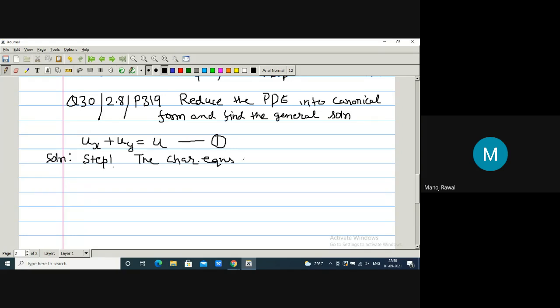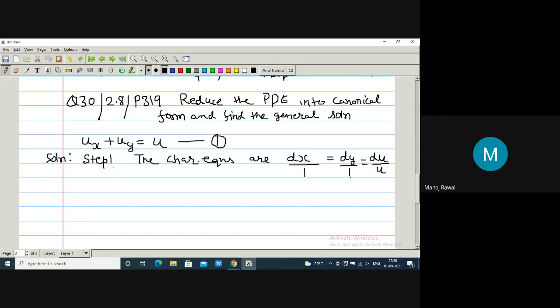The characteristic equations are dx upon the coefficient of ux, which is 1, dy upon the coefficient of uy, which is again 1, is equal to du upon the right hand side, that is going to be u.